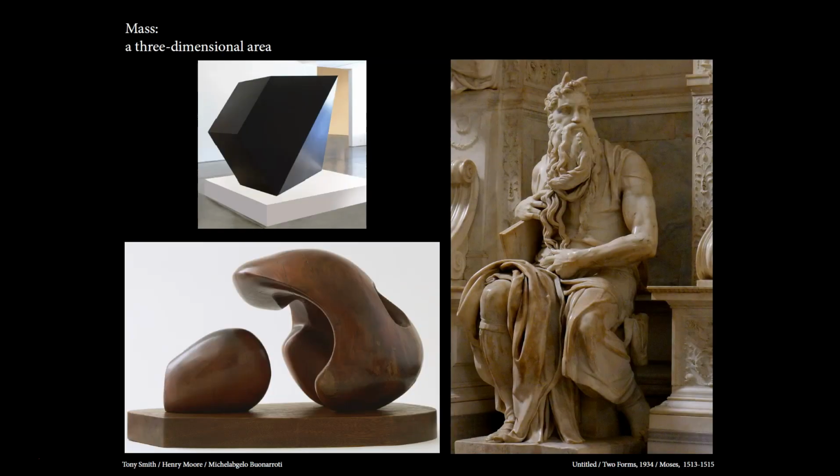Now, if we extend shape into 3 dimensions, that's what you'd get called mass. And you'll see here we have Tony Smith's Untitled, a rectilinear geometric shape. Henry Moore's would be a 3-dimensional organic curvilinear shape. And then Michelangelo's Moses would be mostly curvilinear.